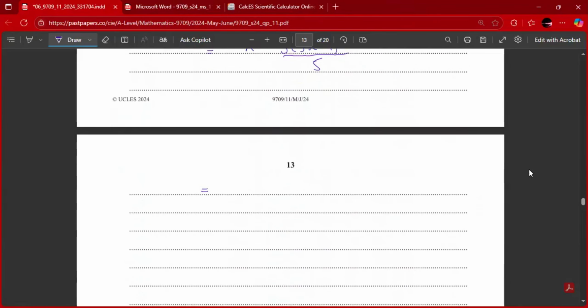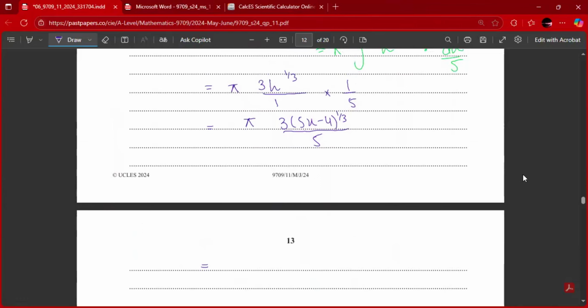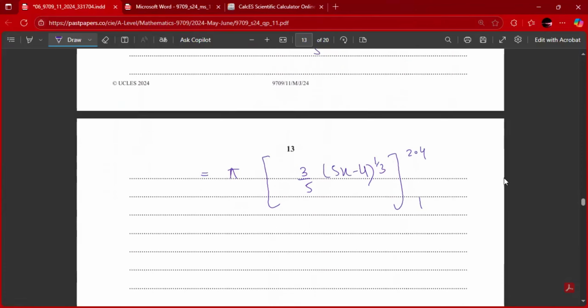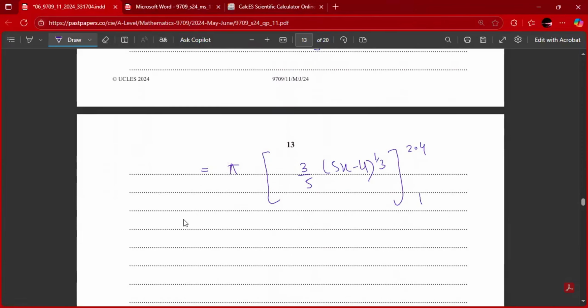Now, you're going to put the upper bounds and the lower bounds on this thing. You could put pi inside or pi outside, but I'm going to keep it outside because I don't need it right now.